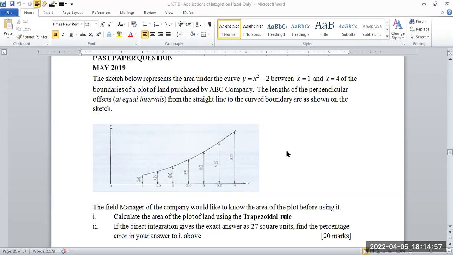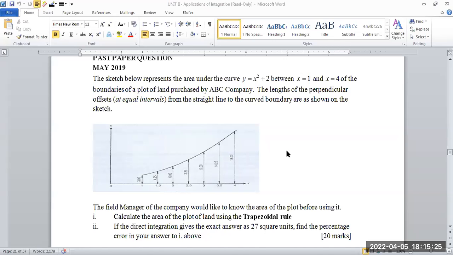All right. So when I substitute 1 into the function, what will I get? 3. Okay. What is my next ordinal? 1.5. I substitute that into the function.